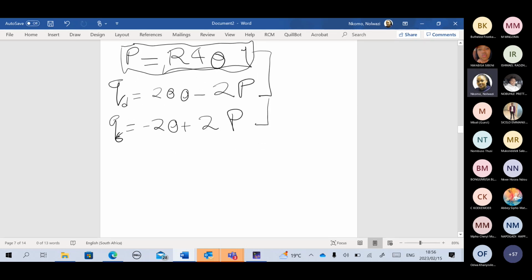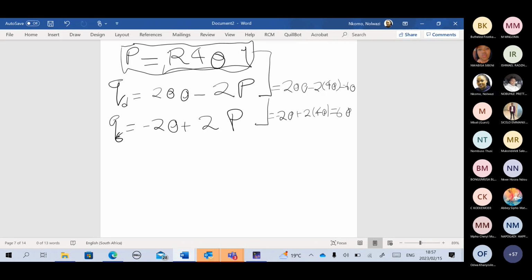Okay, so let me just substitute it here. We have 200 minus 2 times 40. This gives us 60, right? And if we substitute here, we'll have minus 20 plus 2 times 40. And this gives us 60 again.